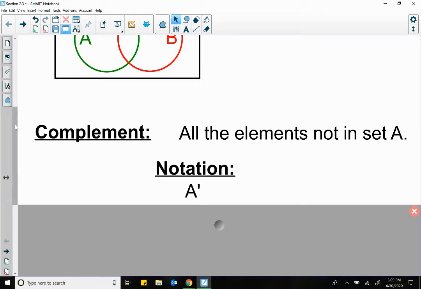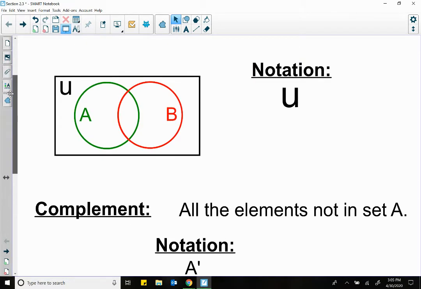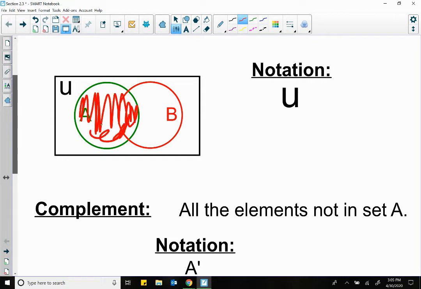When we talk about a complement, it's kind of like what Thanos did at the end of Infinity War. Thanos snapped his fingers, and all of this set right here disappeared from existence.